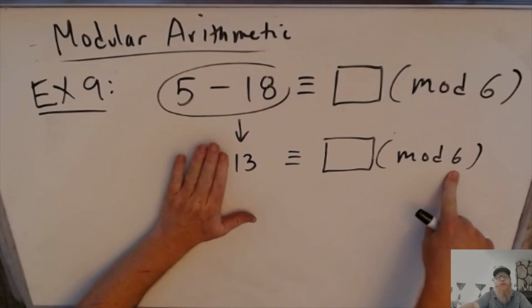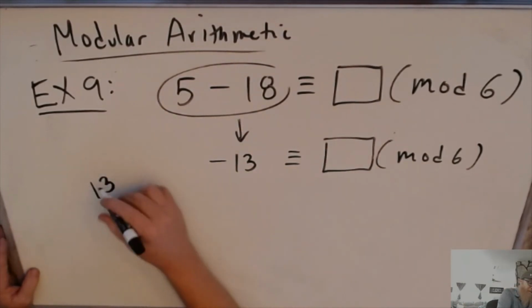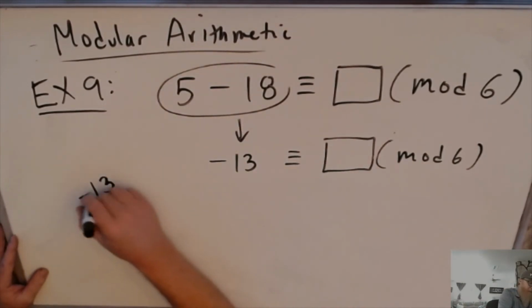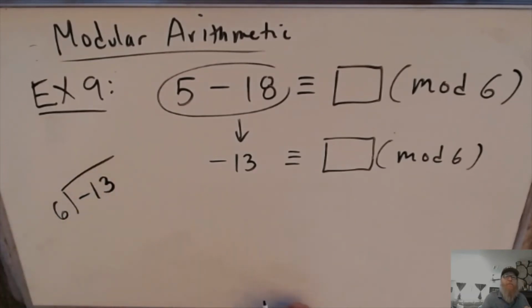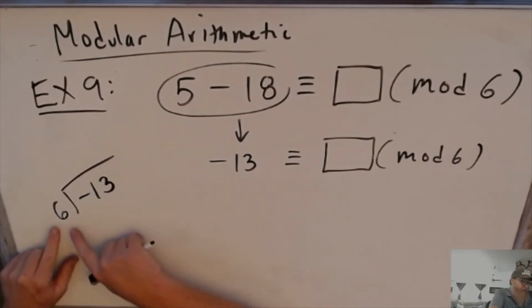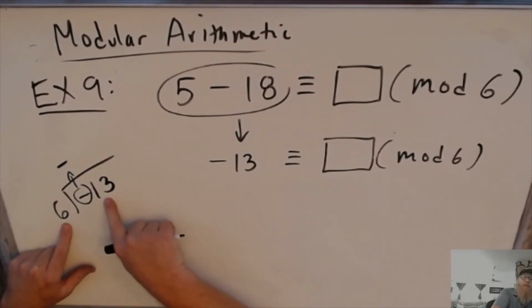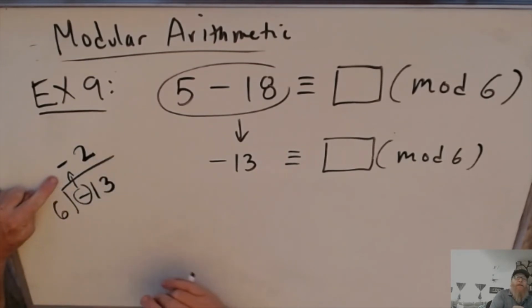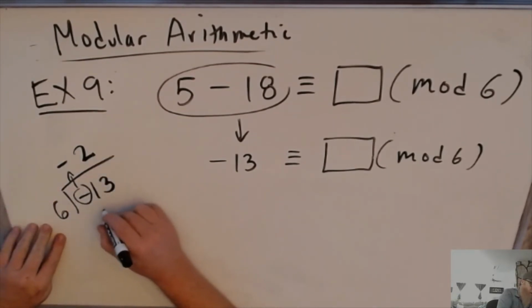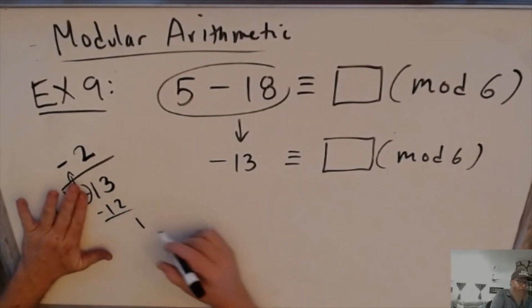In fact, I just ignore the negative when I'm doing my calculation. So again, we're going to do negative 13 divided by 6. You ignore the negative. 6 goes into 13 2 times. Just bring the negative up. Negative 2 times 6 is negative 12. Again, ignoring the negative, your remainder is 1.